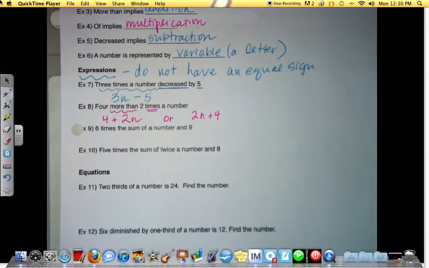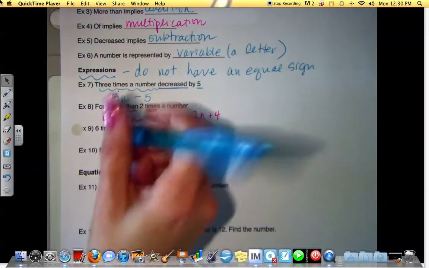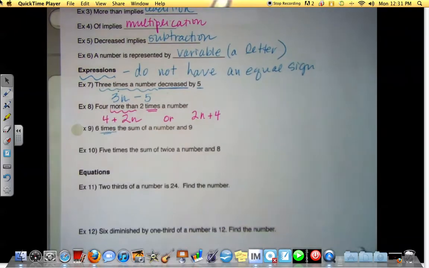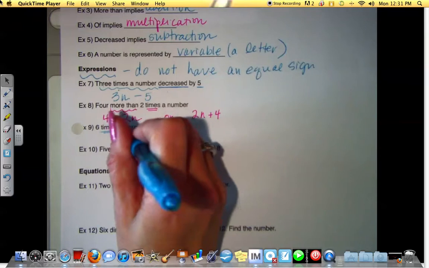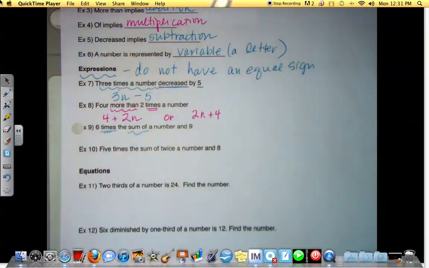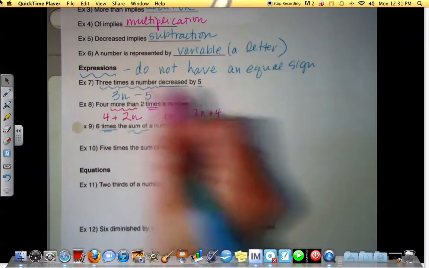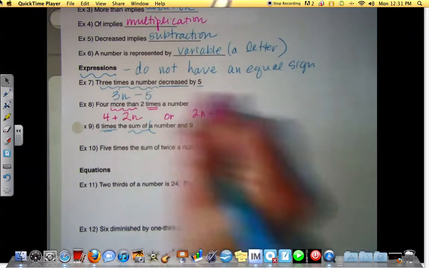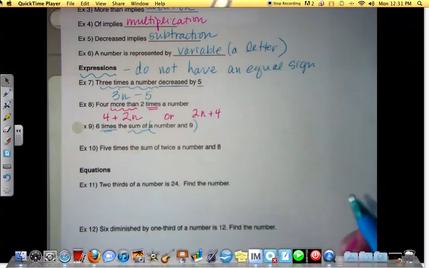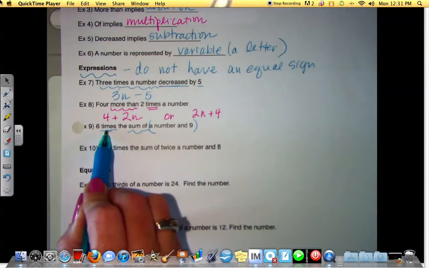Example 9: 6 times the sum of a number and 9. Times implies multiplication, and sum implies addition. We have to find the sum of a number and 9, and then it's being multiplied by 6.